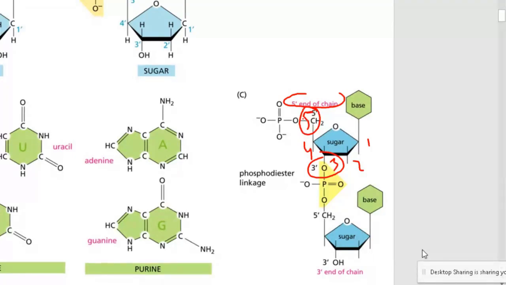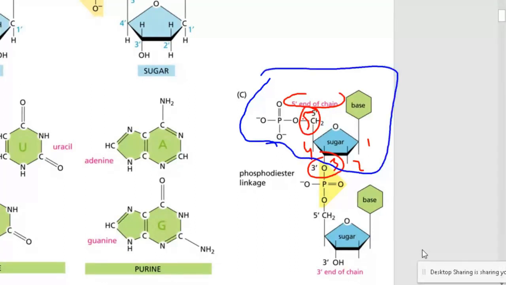Right? The first monomer has a phosphate group on its 5' end. So this is our first monomer. It covalently binds to the next nucleotide using this phosphate group on the 3' end.